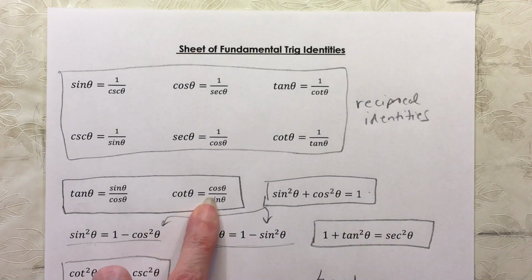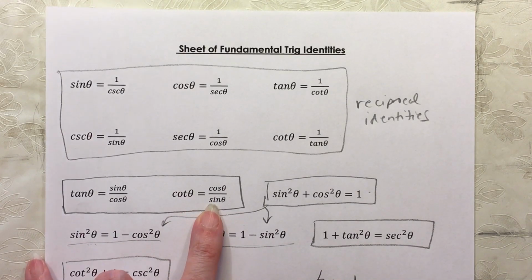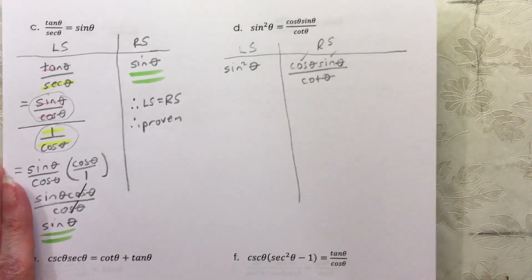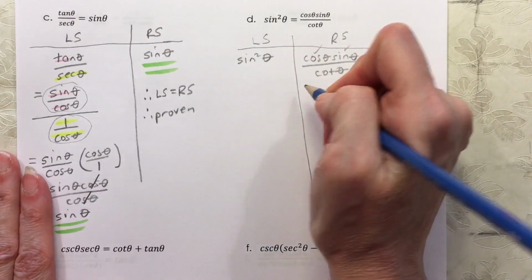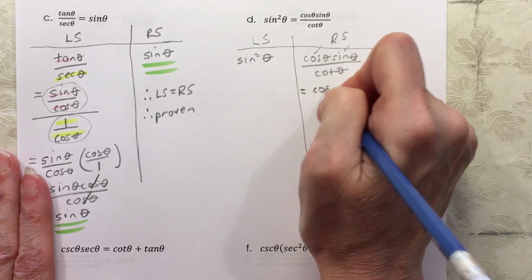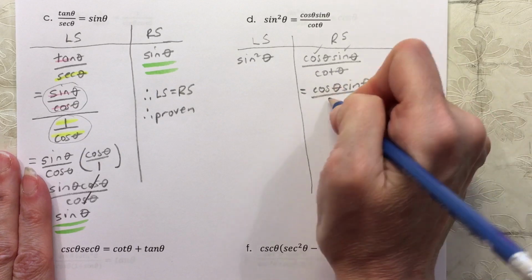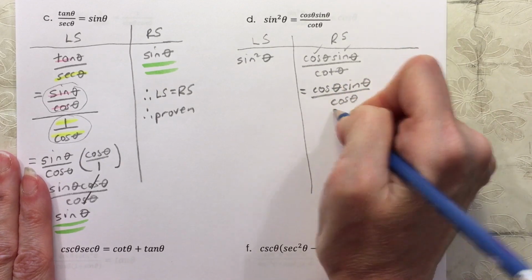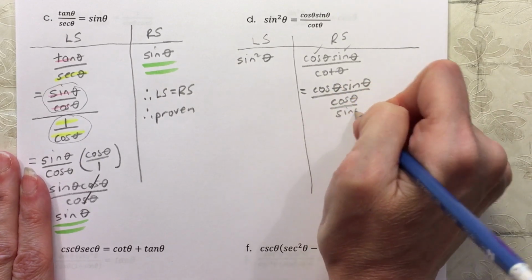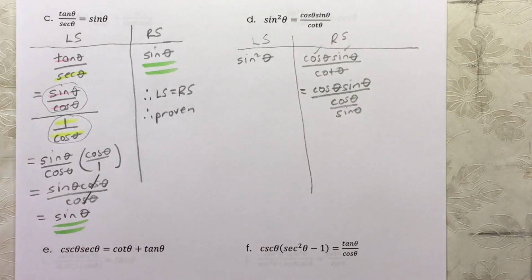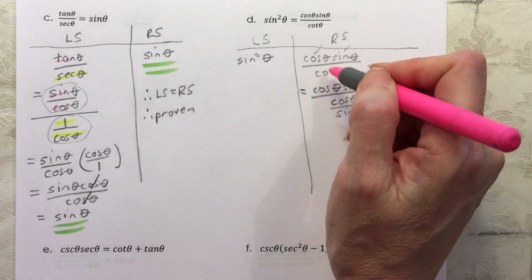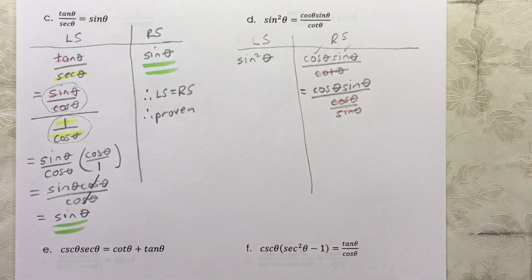Cotan theta is cos theta over sine theta. So that would be my second step. So I'm going to leave the numerator the same here, cos theta, sine theta. And then I'm going to rewrite cotan theta as cos theta over sine theta. So that cotan theta is the same as cos theta over sine theta.